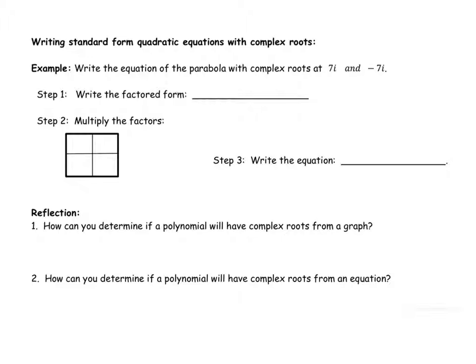Okay, so writing the equation of a parabola with complex roots at 7i and negative 7i, so multiplying these out. So our factored form is going to be x plus 7i, x minus 7i. So we do that over here.